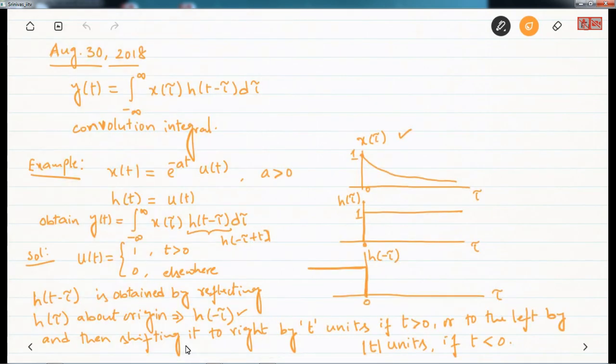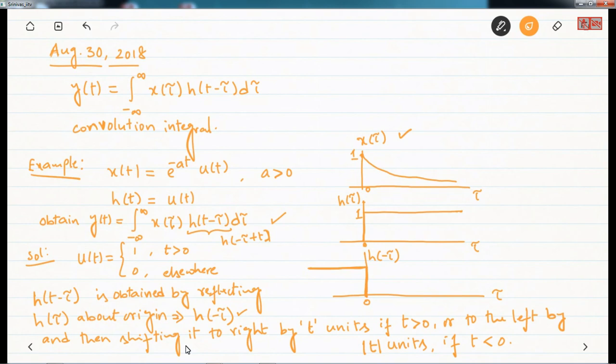Okay, you understood. We are trying to compute this integral, meaning we are trying to obtain the output signal, and for that we need the product x of tau into h of t minus tau. We plotted x of tau because we know x of t; simply replacing t by tau gives x of tau. Now we want h of t minus tau.